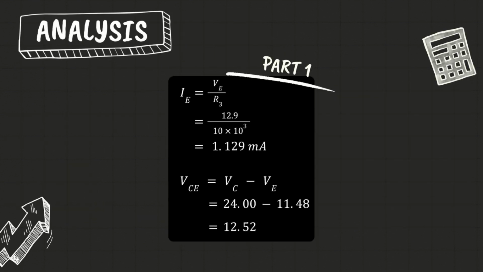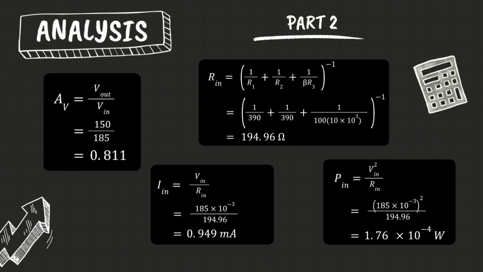From the analysis for part 1, the emitter current is 1.129 mA. The collector-to-emitter voltage is 1.252 V. For analysis part 2, for the voltage gain, we got 0.811. For the input impedance, we got 194.96 ohm.